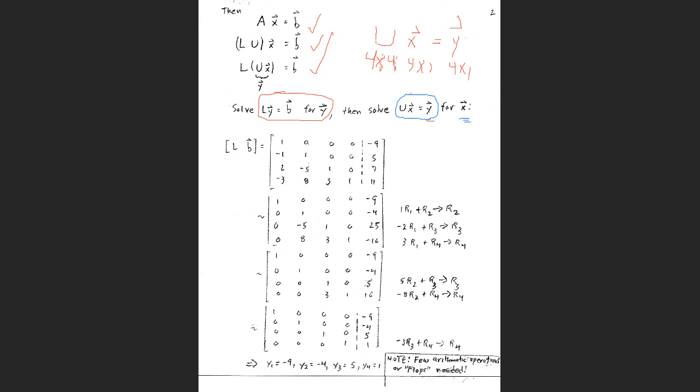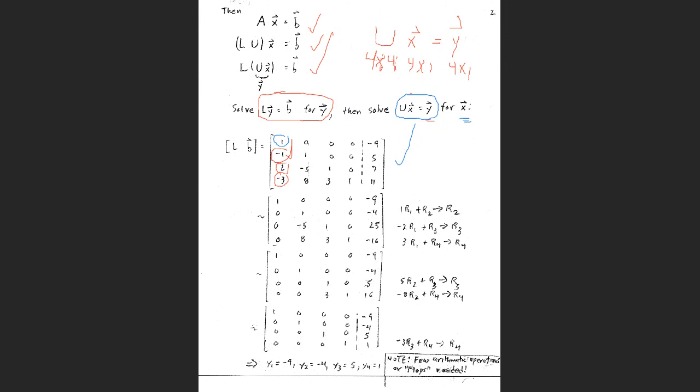So here's the augmented matrix for L times the vector y equals the vector b. I'm going to use this 1 as a pivot to produce zeros in these 3 spots.